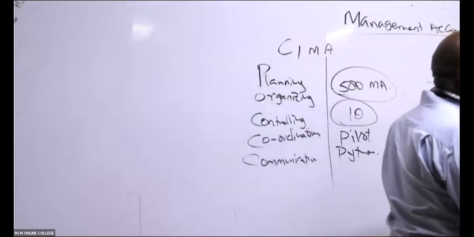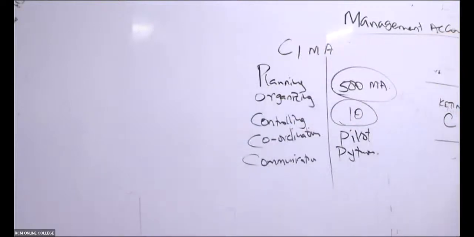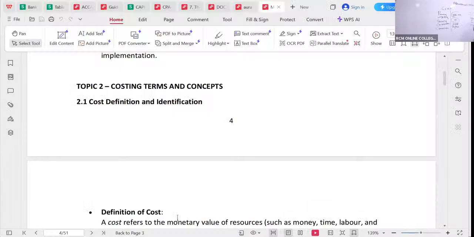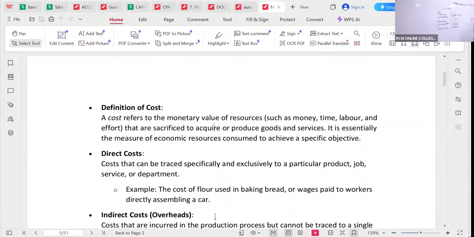This will be the resources you are sacrificing to acquire a product or a service. This could be in terms of money. We are told there: a cost refers to the monetary value of resources such as money, time, labor, etc., that are sacrificed to acquire or produce goods and services. It is essentially the measure of economic resources consumed to achieve a specific objective.